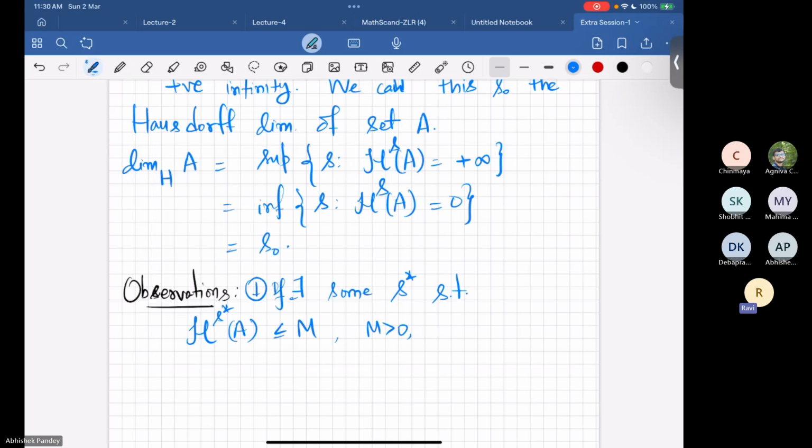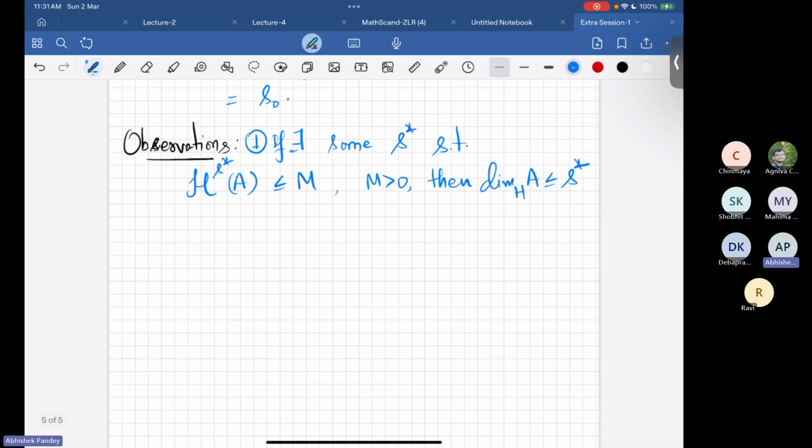Dimension should be less than S star, less than or equal to. Yeah, so the Hausdorff dimension of A should be less than or equal to S star.